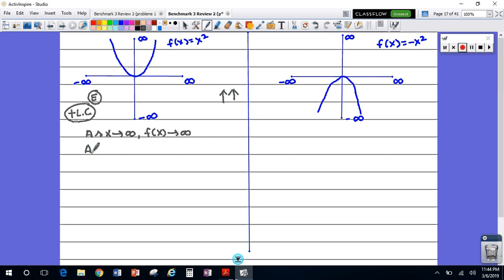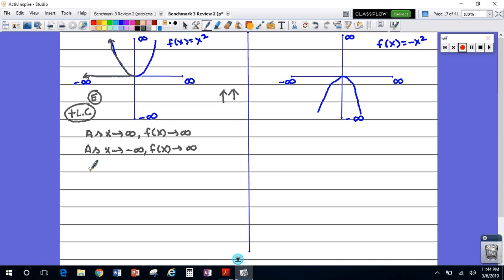In the same way, as x tends to negative infinity, when you move in this direction, your curve is also going up, right?